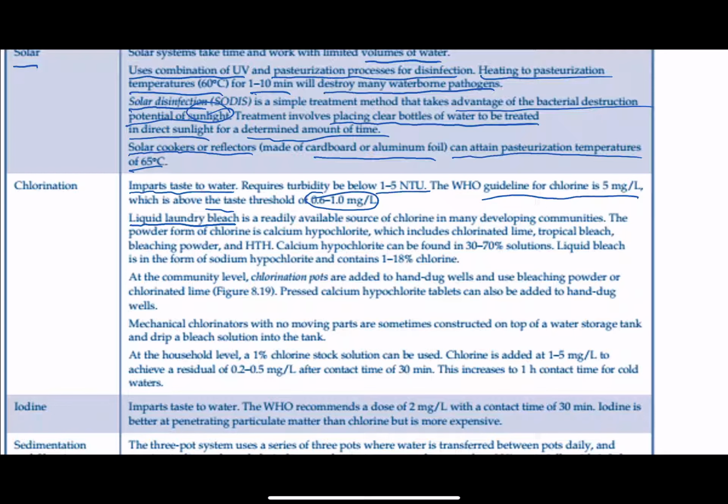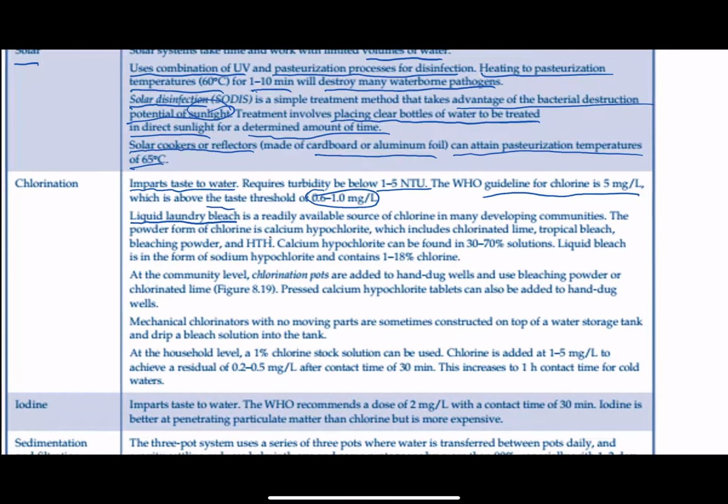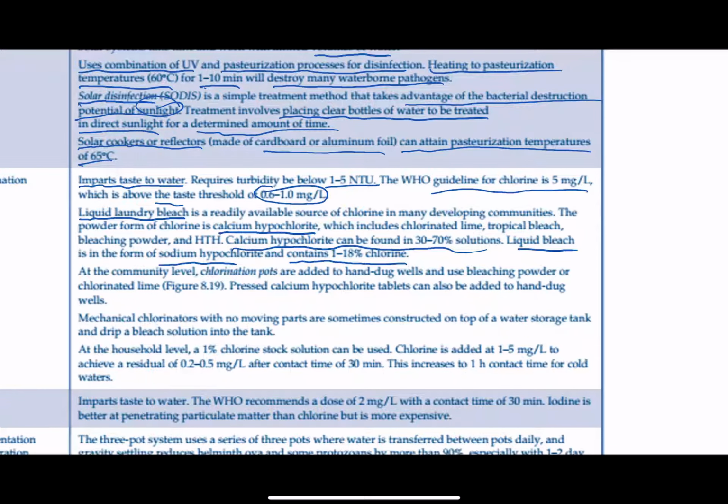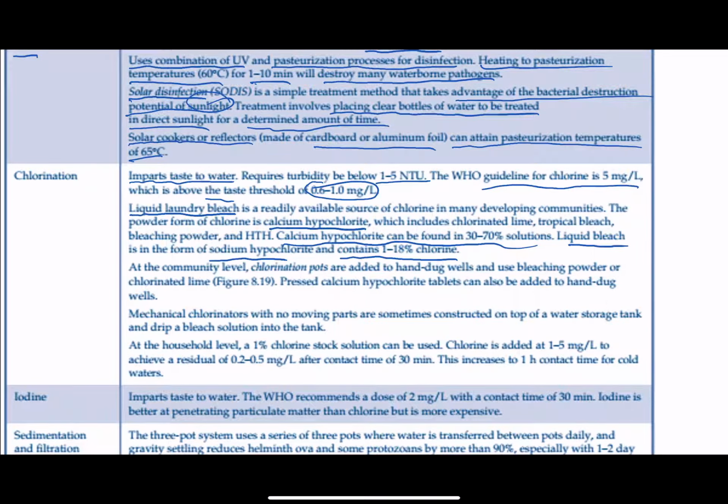The powder form of chlorine is calcium hypochlorite, which includes chlorinated lime, tropical bleach, and bleaching powder. Calcium hypochlorite can be found in 30 to 70% solution. Liquid bleach is in the form of sodium hypochlorite and contains 1 to 18% chlorine. It's still a very good disinfectant agent.